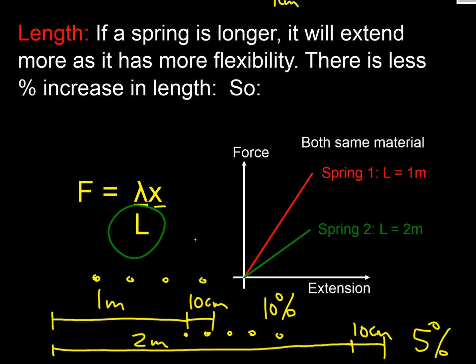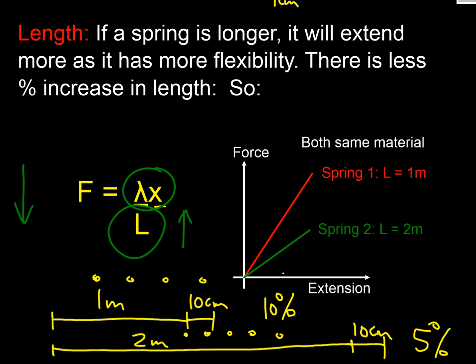So let's just work that out. If I make the length longer here and I keep the numerator the same, the lambda and the x, then my force is going to come down, isn't it? And therefore I need less force.